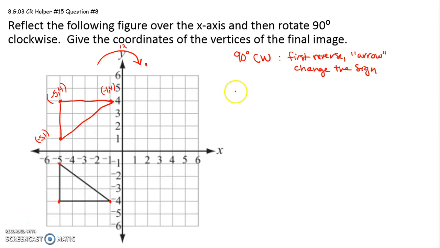So what I'll do is, you'll take your X, Y. First you'll reverse them. Then you draw an arrow going clockwise, and that's what we change the sign of.